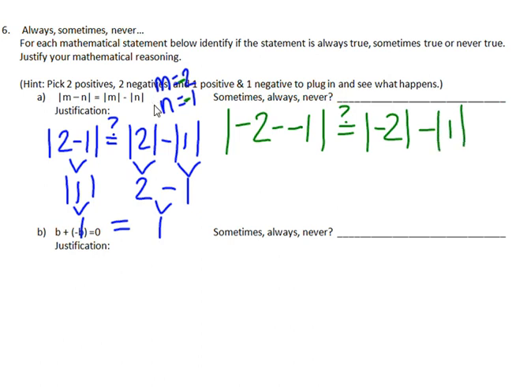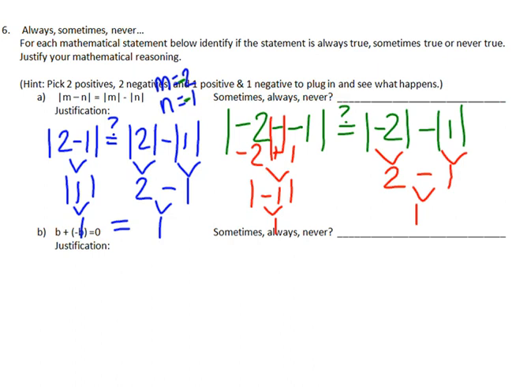Okay, we're subtracting a negative, so we'll use keep, add, opposite, which would be negative 1, and the absolute value of negative 1 is 1. Absolute value of negative 2 is 2, absolute value of 1 is 1, and 2 minus 1 is also 1. So this is a second example of where it does work.